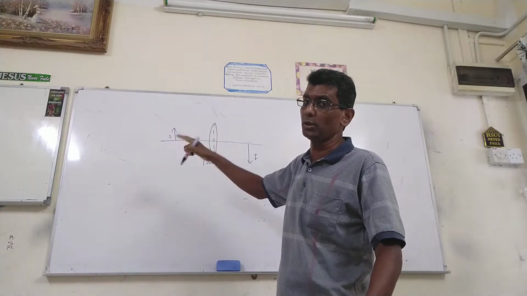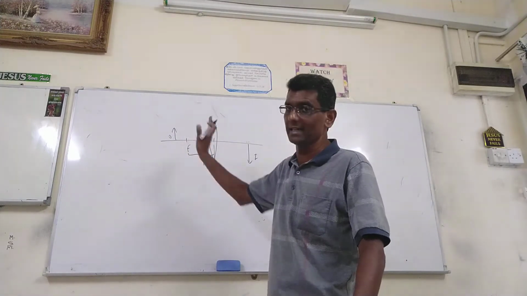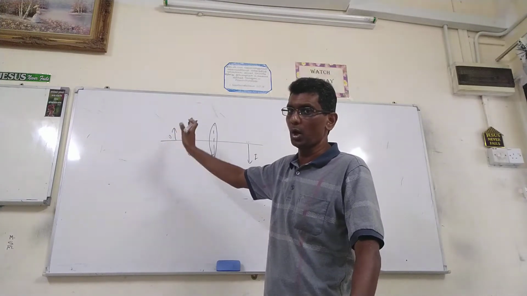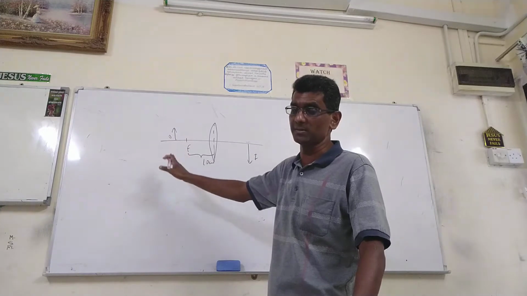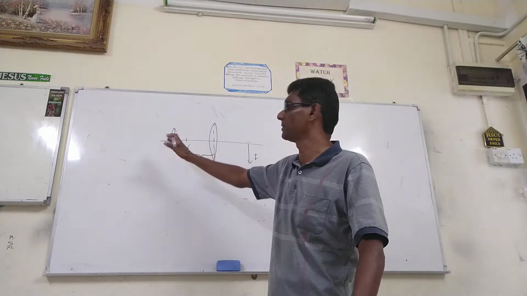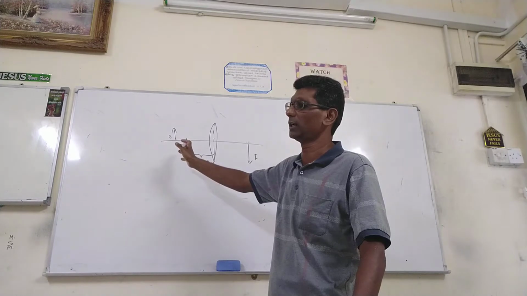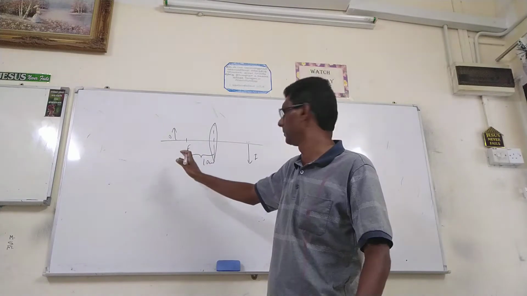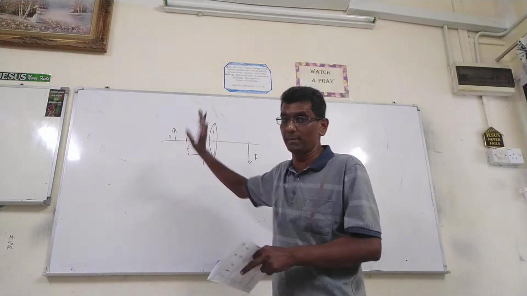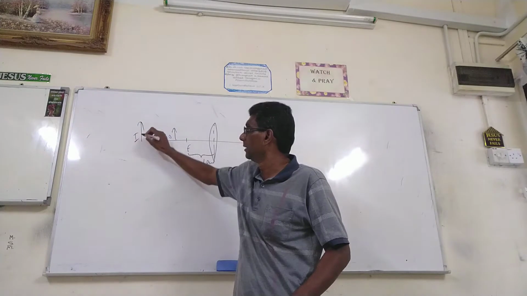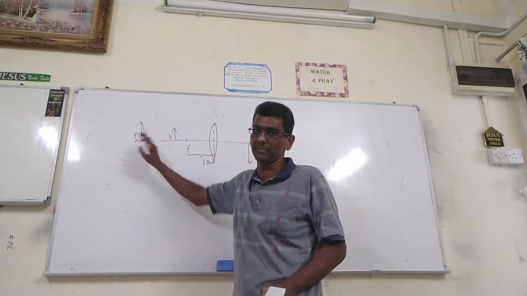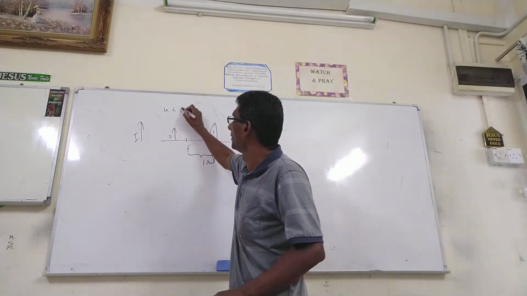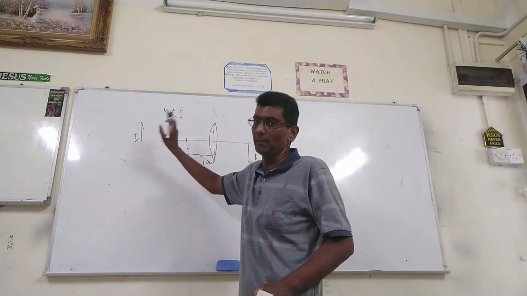u less than f, u equals f, or virtual image: the object and image are on the same side, and the image is upright.